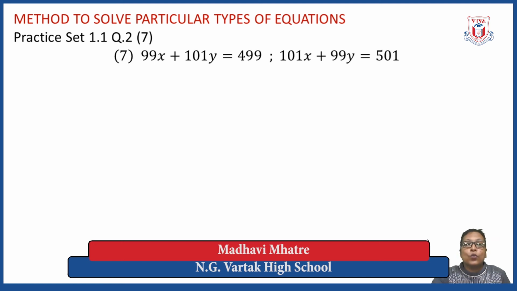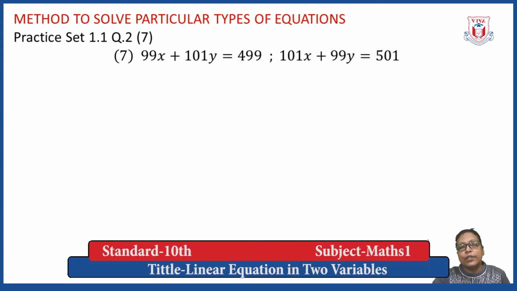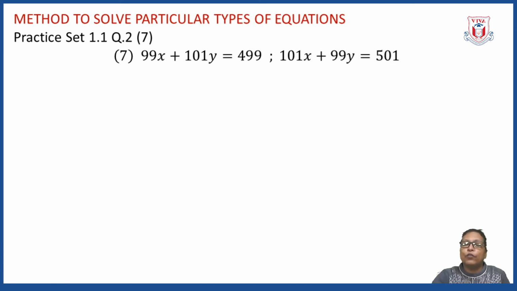So you observe these equations very carefully. What are the equations? 99x plus 101y is equal to 499, and the second equation is 101x plus 99y is equal to 501. So observe the coefficients of x and y in both the equations.